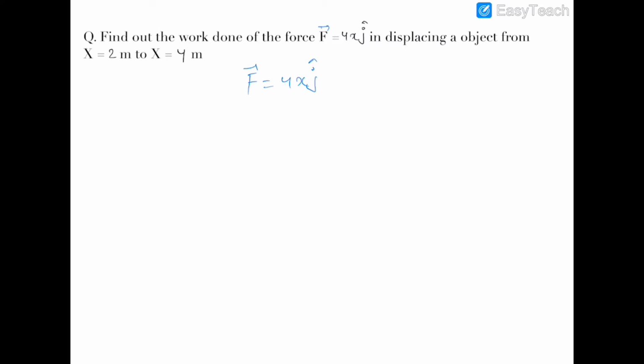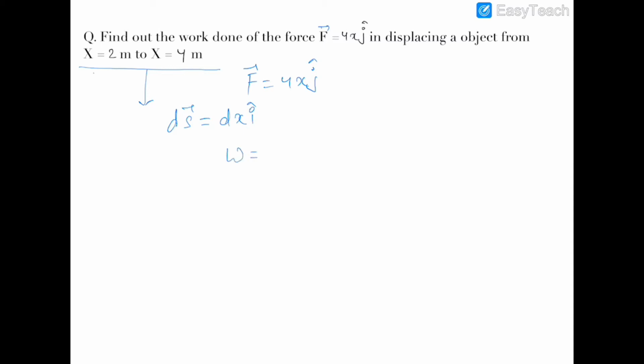But the object is moving on the x-axis from x is equal to 2 to x is equal to 4. So by this information we can say that the displacement vector ds will be dx i cap.